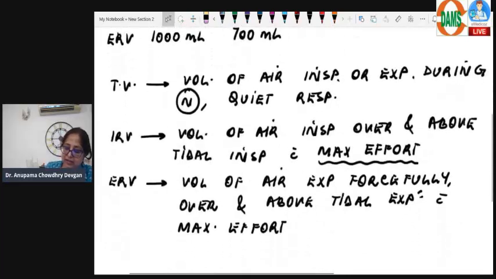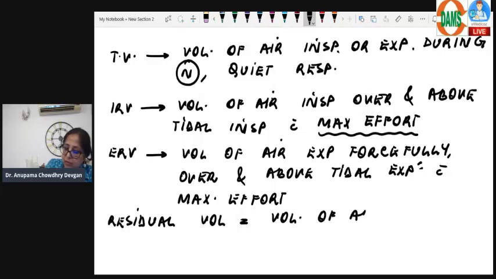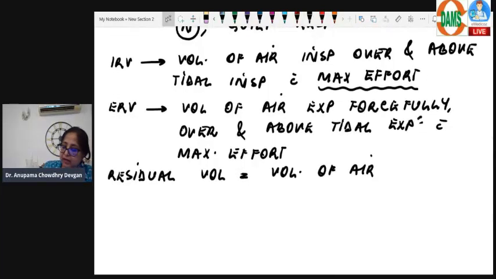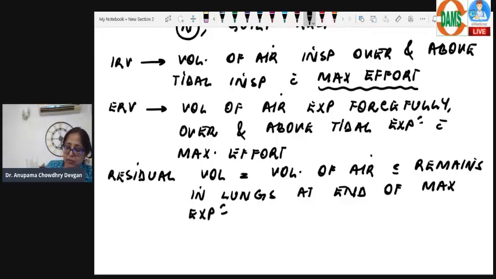Then we go on to what is known as residual volume. And what is residual volume? This is the volume of air which remains in the lungs at the end of a maximum expiration.